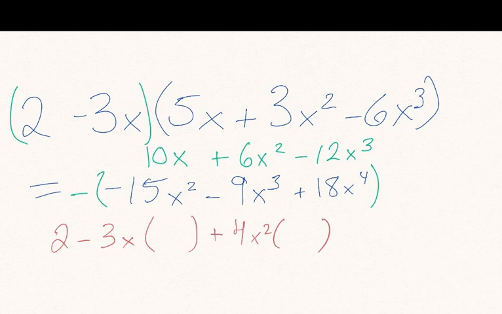Now do you still think the 2 multiplies the bracket? Let me go back to the original one where we don't have this. This was the original thing, right? I'm still standing on my answer.